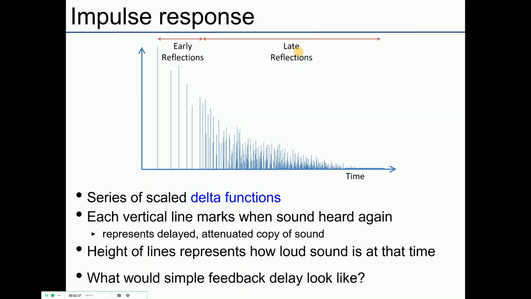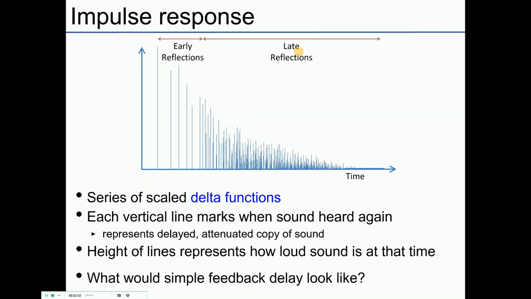What is the impulse response? Consider a pulse that has been filtered or transformed over time so that there are copies of that pulse, known as delta functions, scaled copies of a pulse, which is a short signal just of a high amplitude.